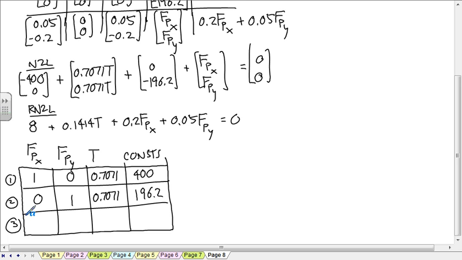And the third equation says 0.2 FPX, 0.05 FPY, 0.1414 T is equal to negative 8.